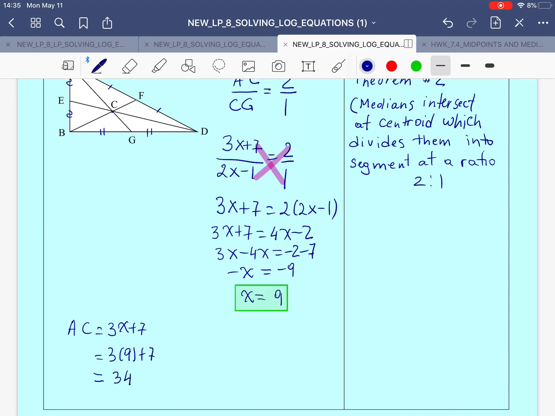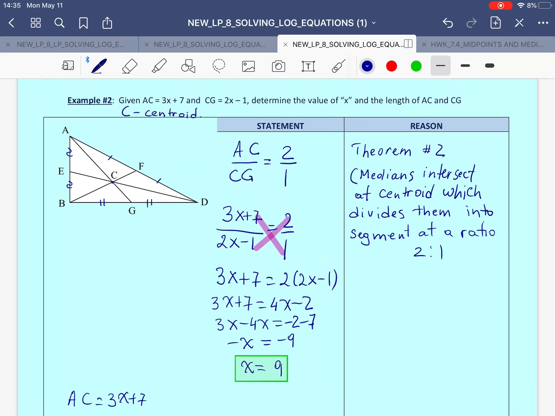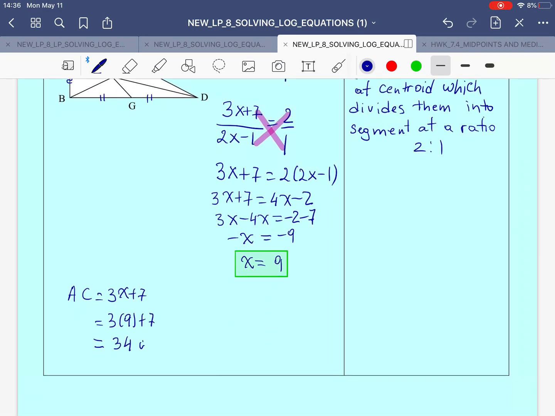So 27 plus 7, 34 units. And let me write this a bit more nicely. Units. So AC is 34 units, whereas CG, which is 2x minus 1, is 2 times 9 minus 1, or CG equals 17 units.